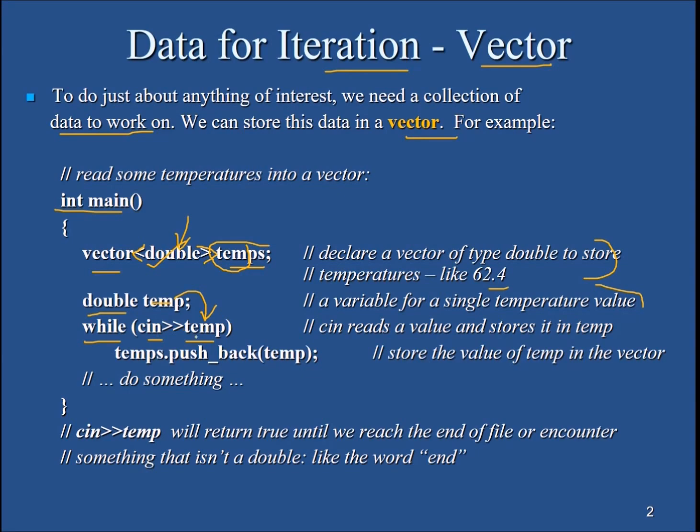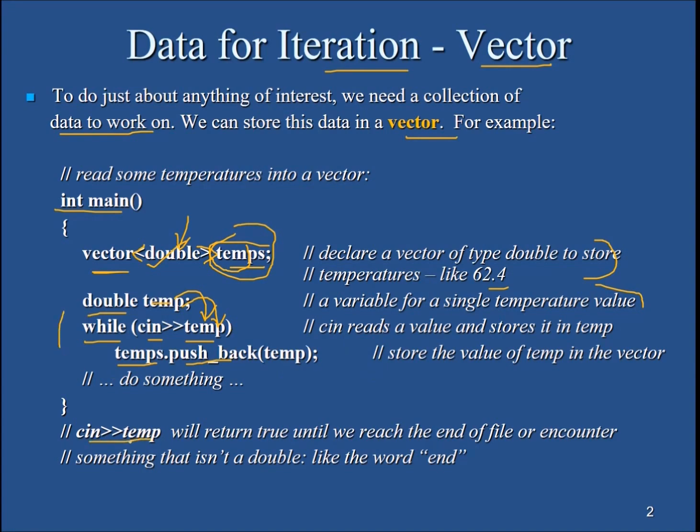And one value inserted by the user will be stored in this vector, which has the name TMPS. So what we are doing is TMPS, the vector name, dot push_back. This is a function of vector. So TMPS dot push_back, and the value pushed to this vector will be the value which was just inserted by the user. So to store the value of temp in the vector, this is used.